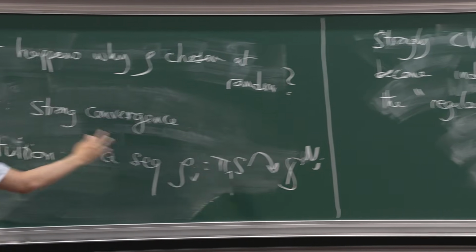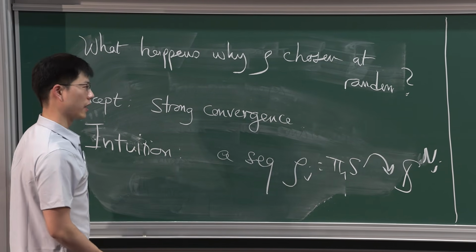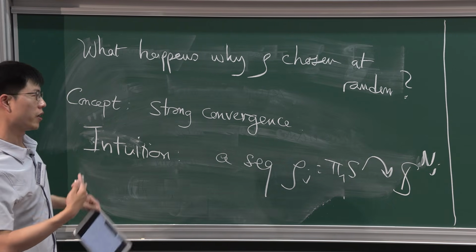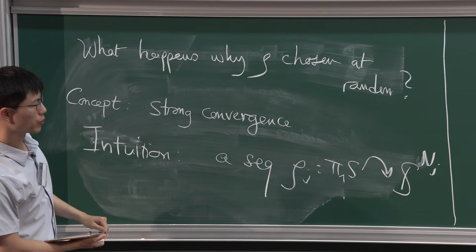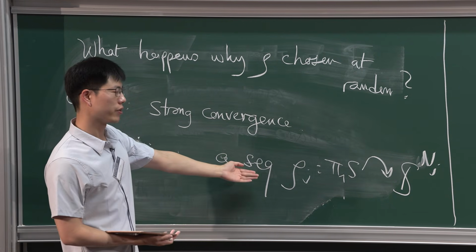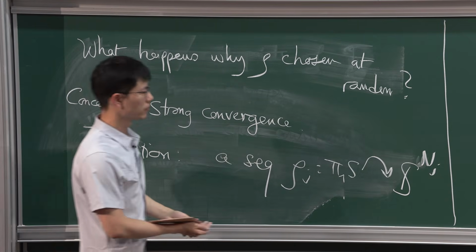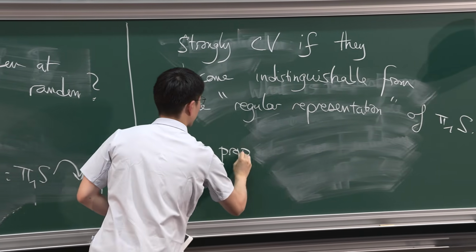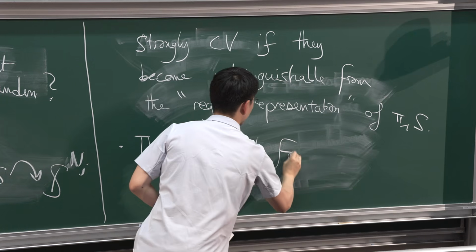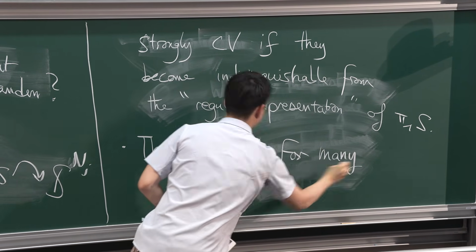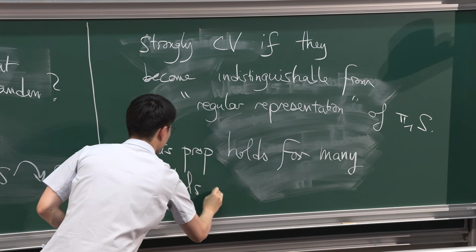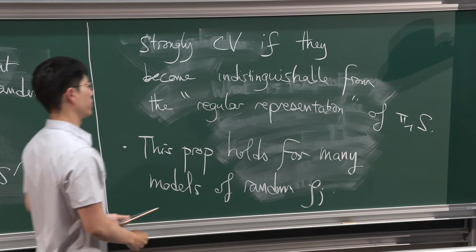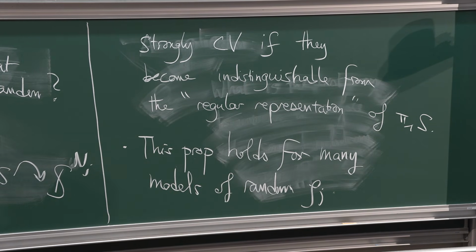And the next point, which makes this concept actually interesting, is that it's universal in the sense of a probabilist, meaning for many, many different models of random sequences of such actions, this property is going to be true. You have many ways to define random actions of a group.